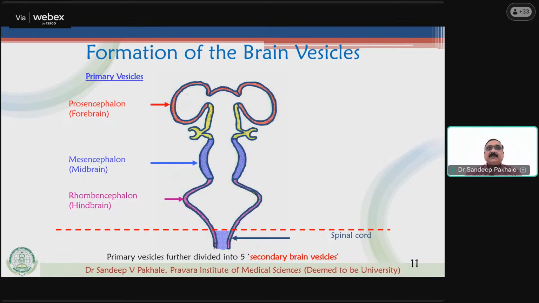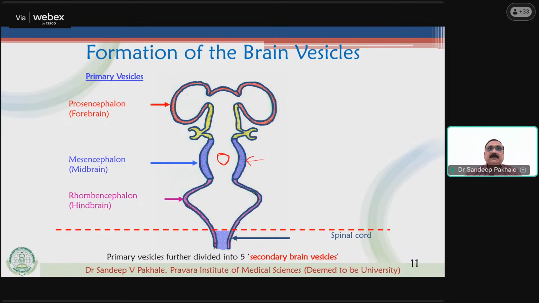Here, the midbrain remains relatively unchanged externally, but its cavity becomes narrow to form the cerebral aqueduct. So from outside, it remains unchanged, and this cavity will form the cerebral aqueduct, an important CSF pathway.